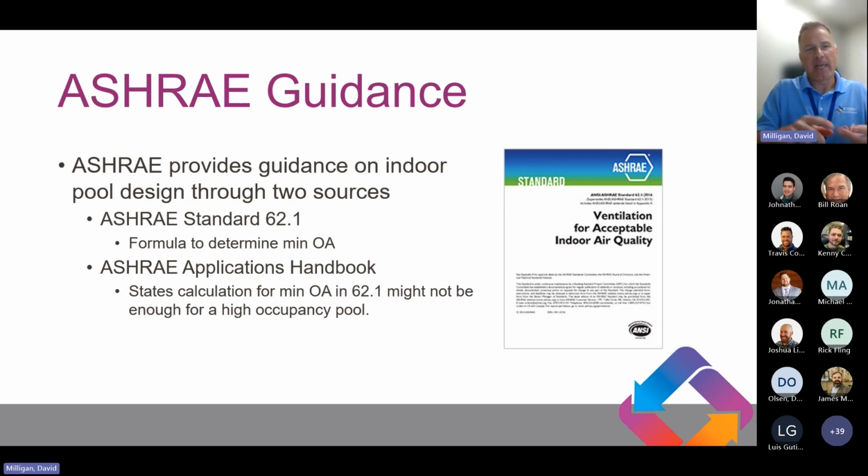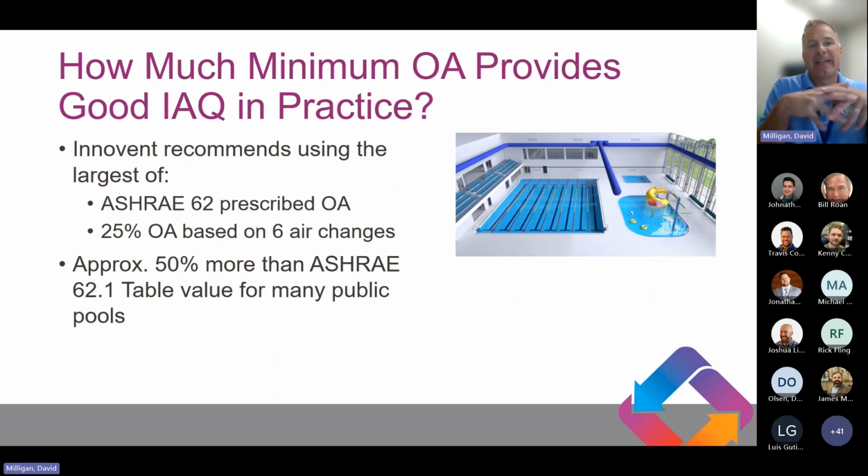Whether they're a YMCA, a rec center, or a high school pool, we want people to come to that, and that's really how these facilities generate their money. So we want to make sure that they have a high occupancy there. So there's a little bit of a gap between what ASHRAE Standard 62 is saying, and then again what the application handbook states. So that leads to the question is how much outdoor air is good for indoor air quality?